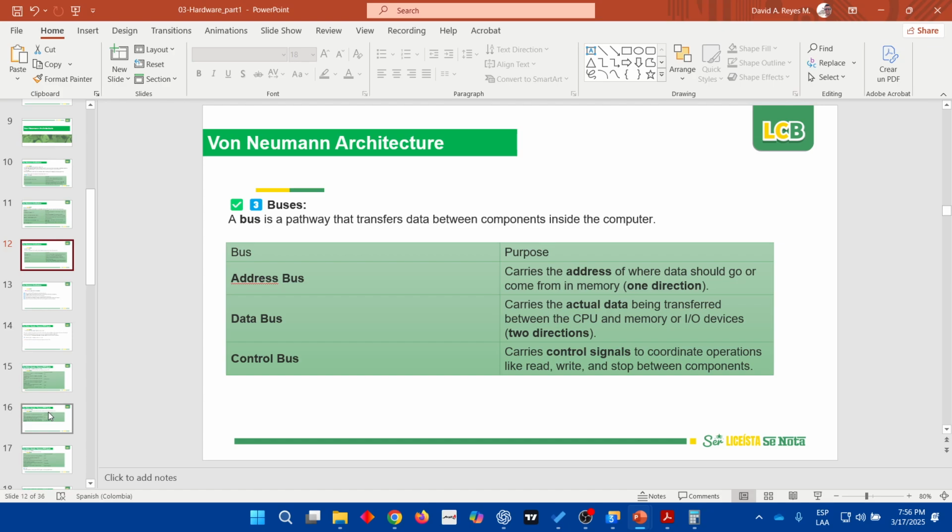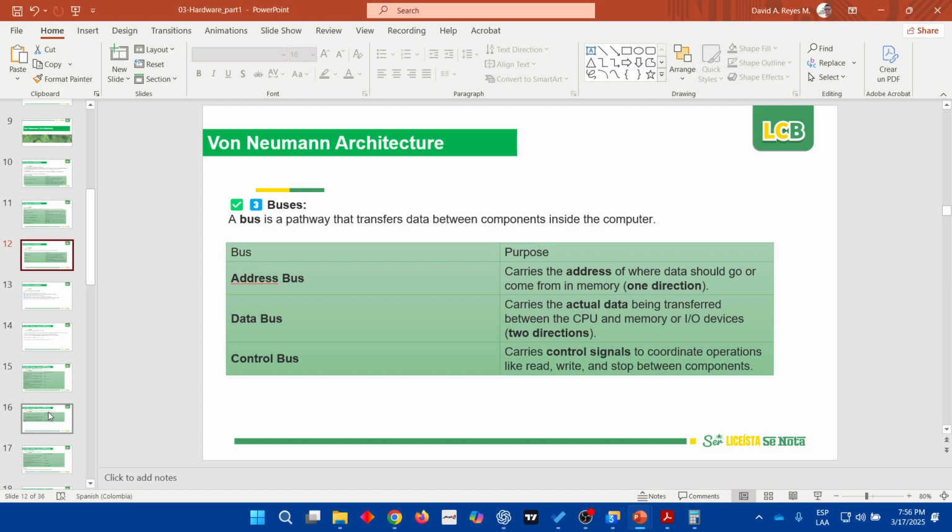Okay, it's like the policía de tránsito, que dice, empiezas, pasas tú, después pasas tú, después pasas tú, después pasas tú. Okay, it is the one that coordinates the operations.